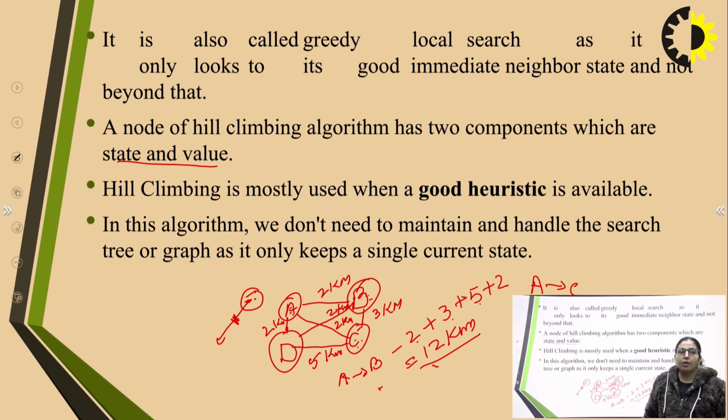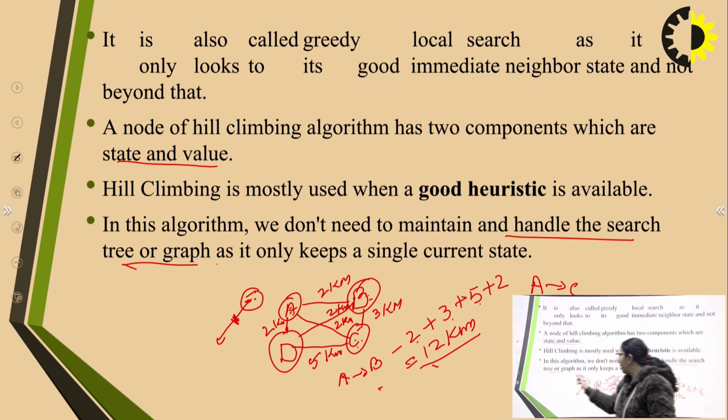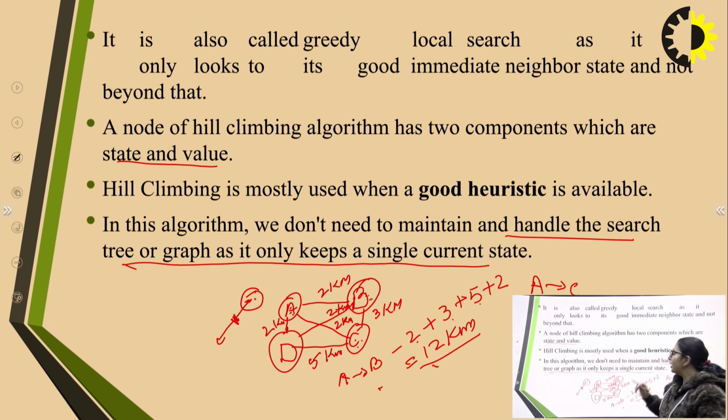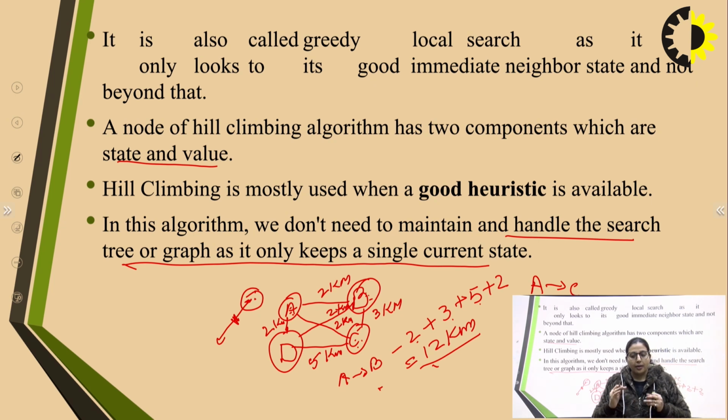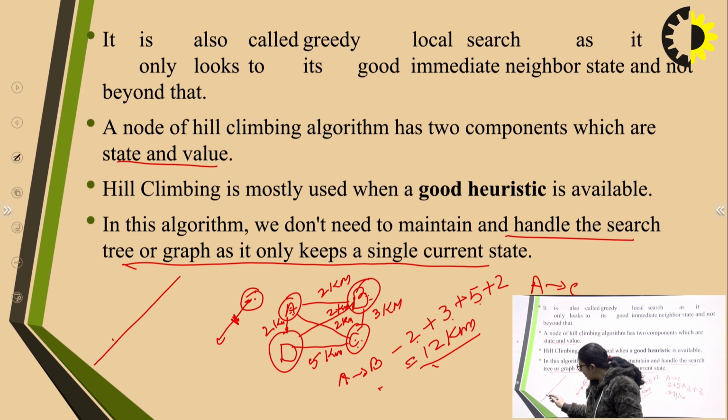In this algorithm we need to maintain and handle the search tree or graph, as it only keeps a single current state. When we are searching for the solution in an increasing order, during the search it only considers the current state. It does not consider the previous state.